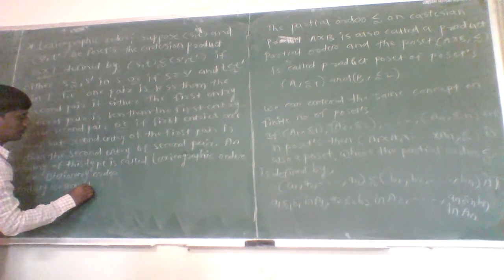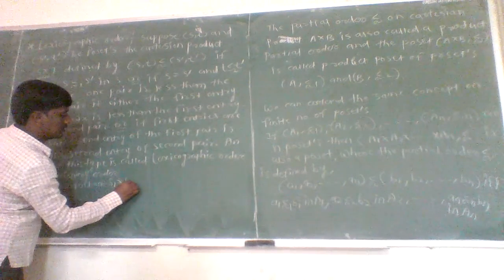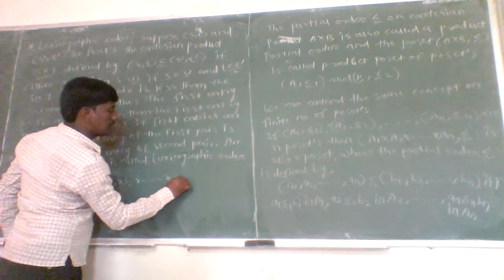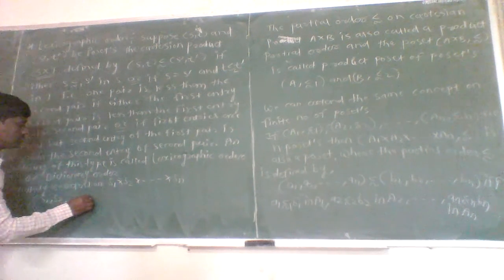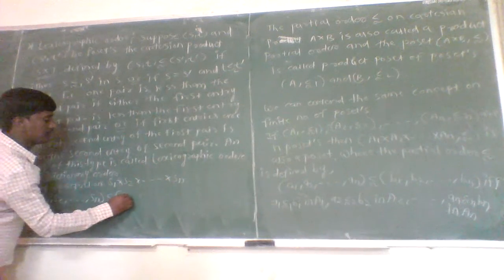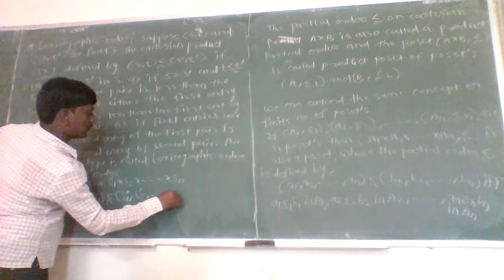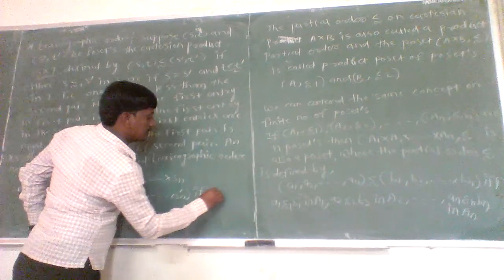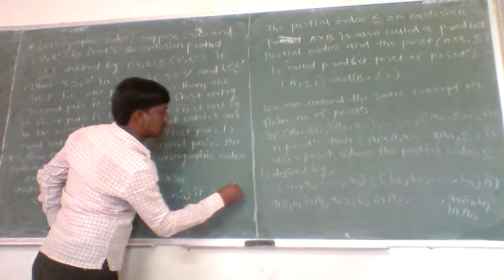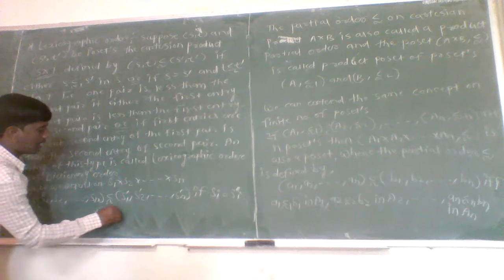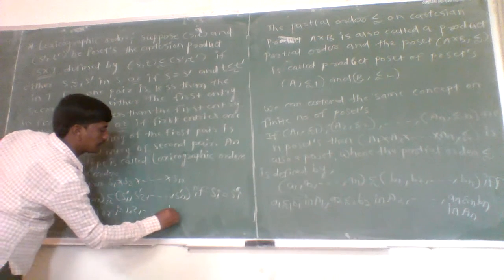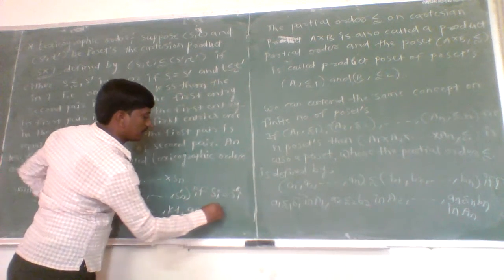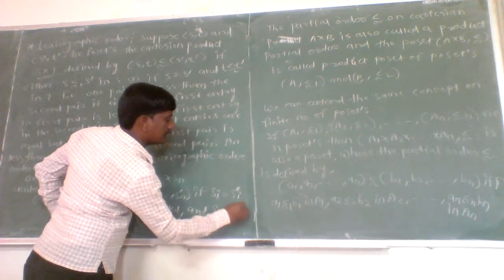Similarly we extend on S1 cross S2 cross up to Sn, where (S1, S2, up to Sn) precedes (S1 dash, S2 dash, up to Sn dash) if Si is equal to Si dash for i running from 1 up to k minus 1, and Sk precedes Sk dash.